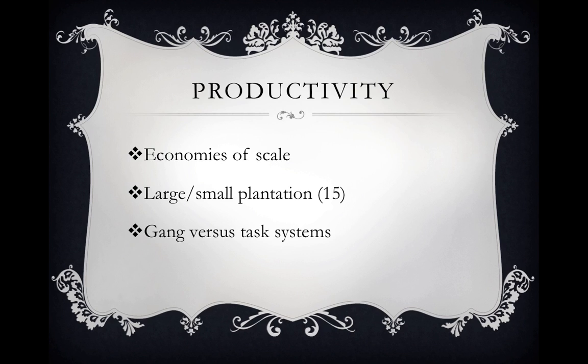So the person who is the fastest at picking cotton is setting the pace for everybody else, and if you can't keep up, then you are singled out because you haven't done the appropriate work. The gang system doesn't have the same level of managerial control as the task system, but it's much more efficient.